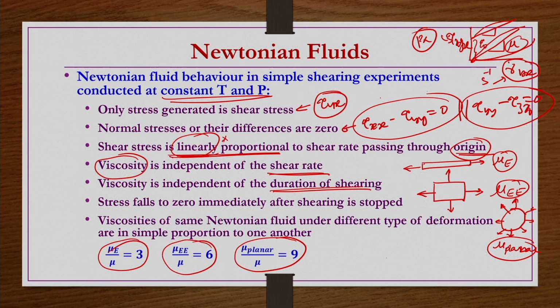And then stress does not necessarily fall to 0 immediately after shearing is stopped, right. That is another type of non-Newtonian fluid that is possible, that we are going to see with proper demonstration experiments. And the viscosities of different types of deformation divided by the viscosity of the shearing deformation of a non-Newtonian fluid may not have constant values like 3, 6 or 9, like we have shown.